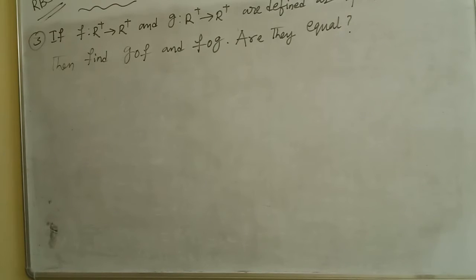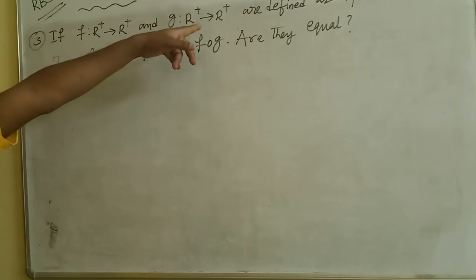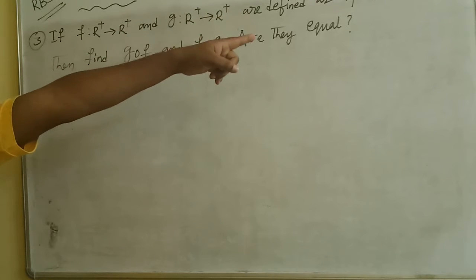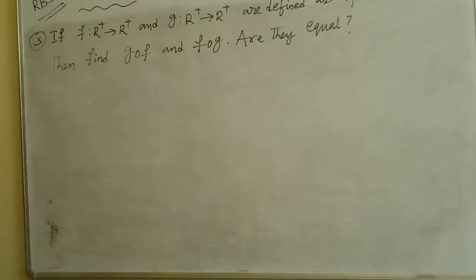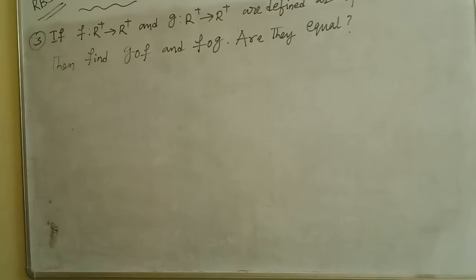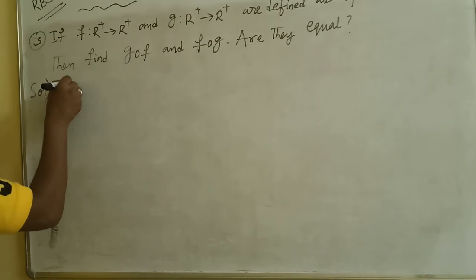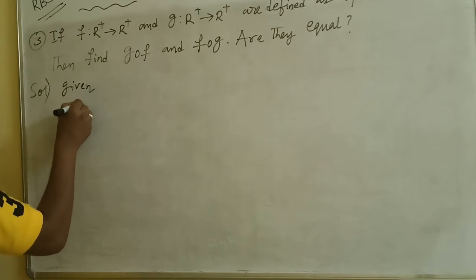All right. This is about your third question. If F maps R+ to R+ and G maps R+ to R+ are defined as F of x is equal to x squared, G of x is equal to root x, then find G circle F and F circle G. Are they equal? So first, write what is given.